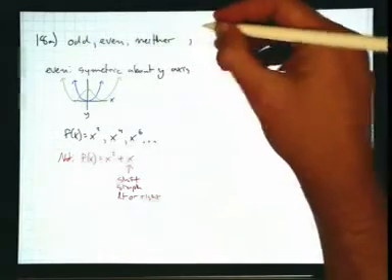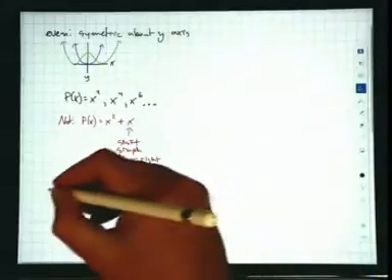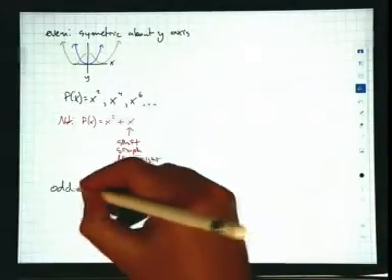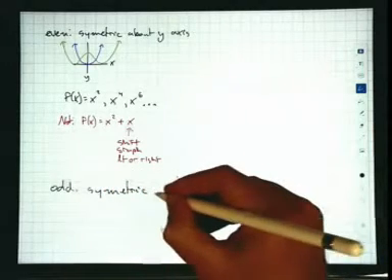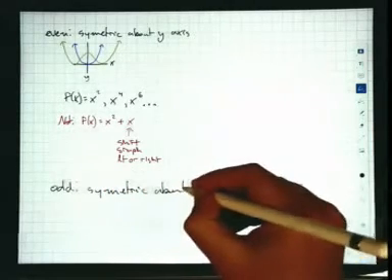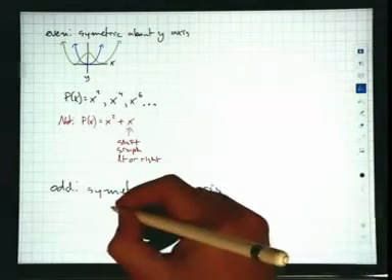So when we look at problem number 18a, let me go ahead and finish my talk. Odd functions are symmetric about the origin. So they're going to look something like this.